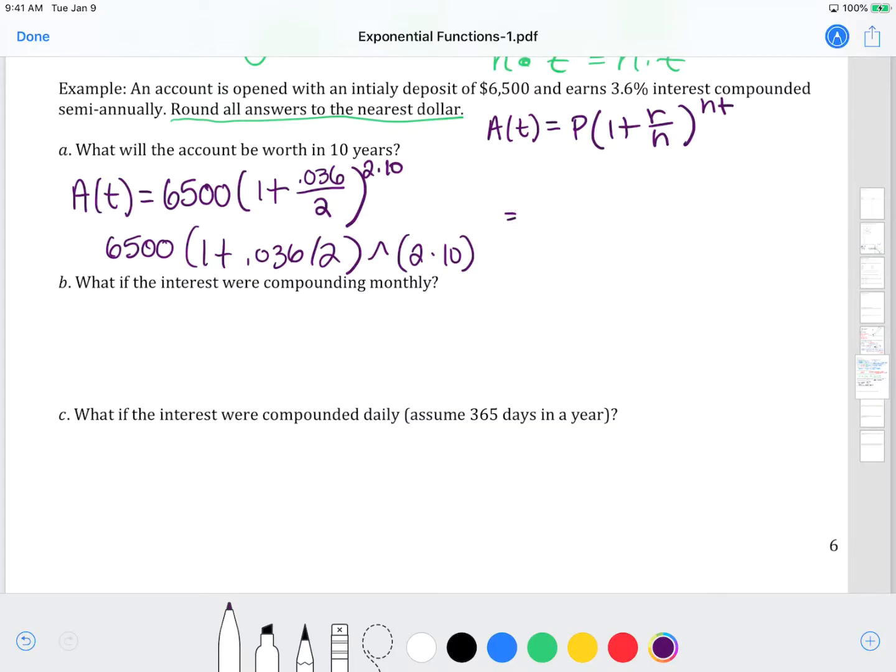When you do that, you're going to get $9,286.86. Now it says round to the nearest dollar, so my final answer, if this was on your online homework, I would put in as $9,287.